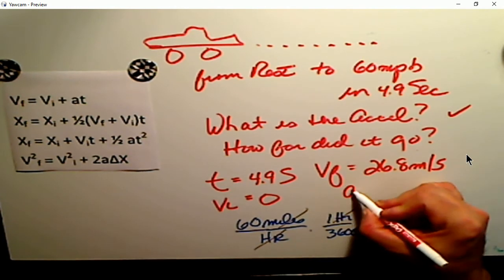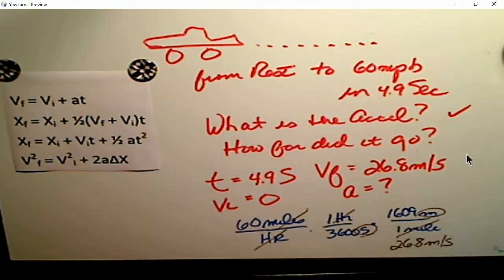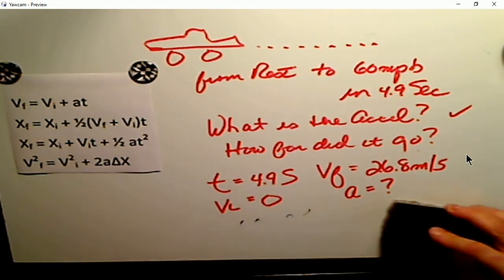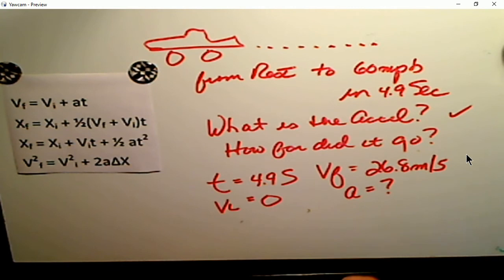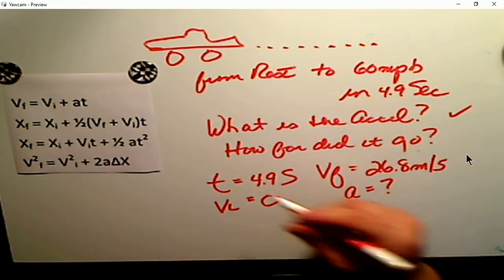Given those variables, the first question is, what is acceleration? We don't know what acceleration is, but I could certainly solve for that, given the kinematic equations. Which one would I use? Look at them carefully.